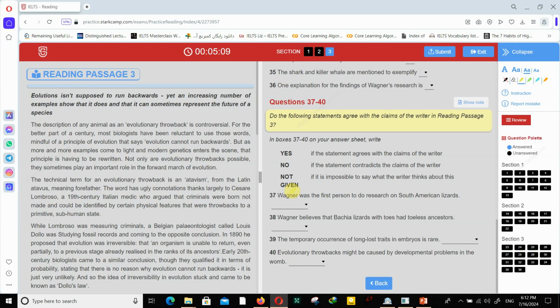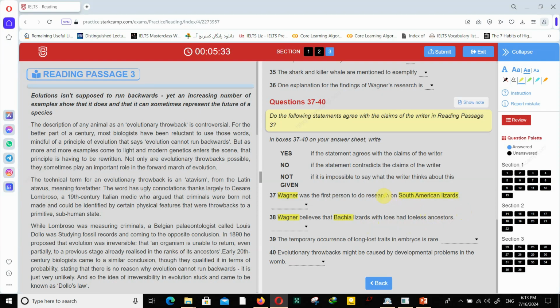You don't know. Sometimes it happens. So Wagner was the first person to do research on South American lizards. Wagner, South American lizards. And again, Wagner believes that Bacchia lizards with toes had toeless ancestors.